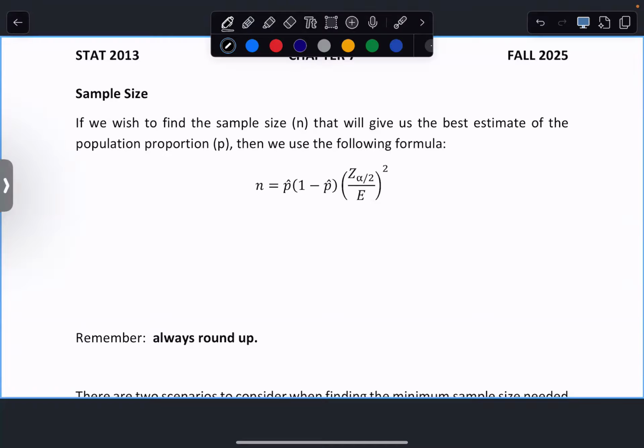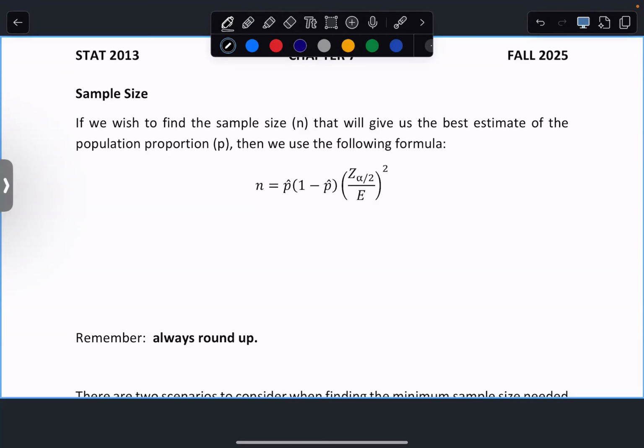And we usually use the margin of error to find the sample size. So with this, I will solve for n. Margin of error is E, equal to z alpha on 2 times the square root of p hat 1 minus p hat divided by n.